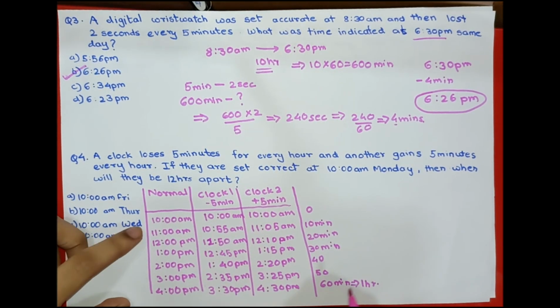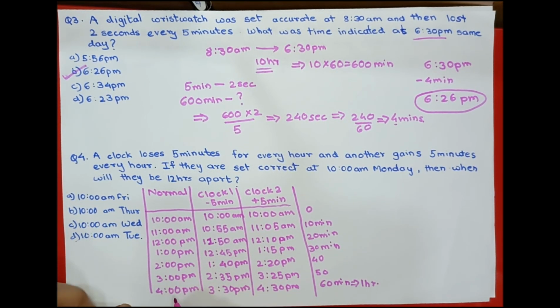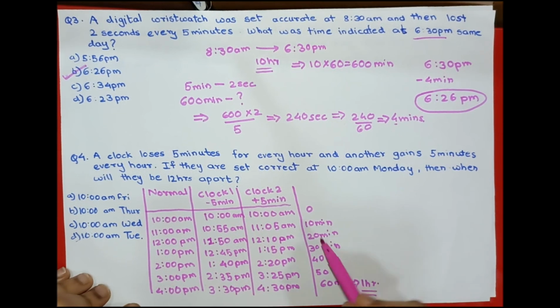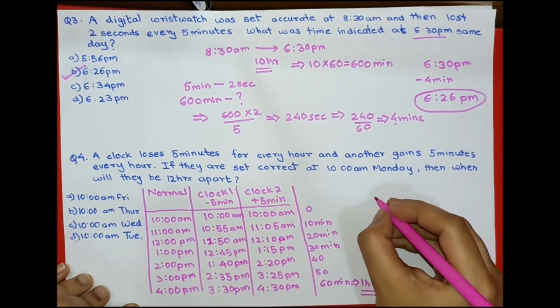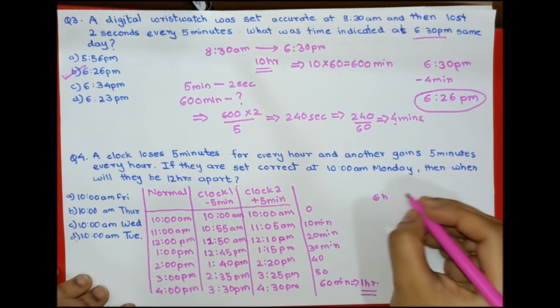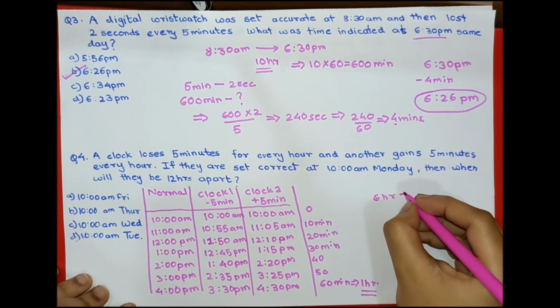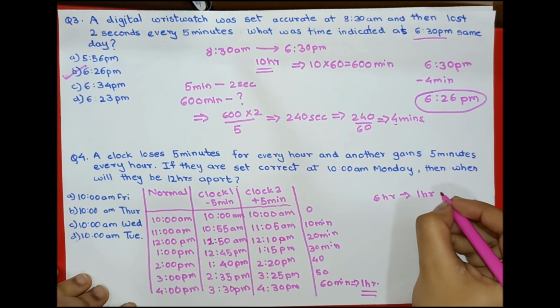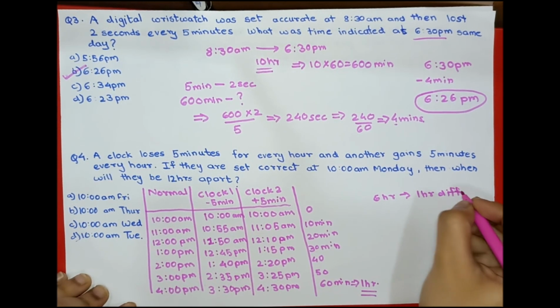So when the normal clock is covering 6 hours, the clock 1 and clock 2 will have a difference of 1 hour, which means after 6 hours there is 1 hour of difference.